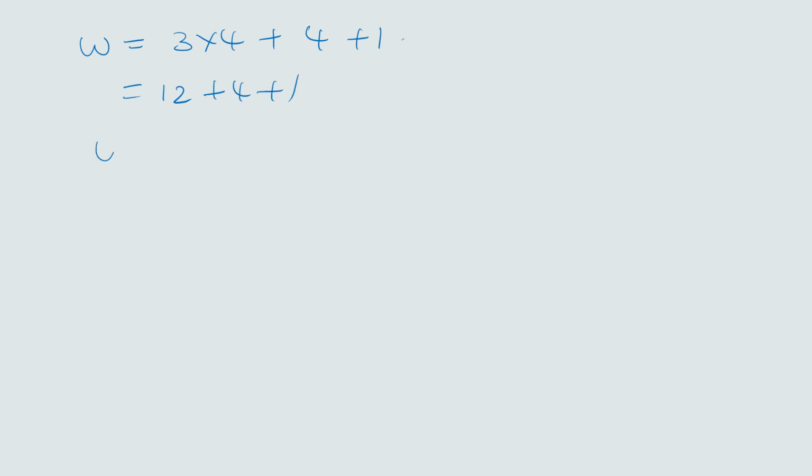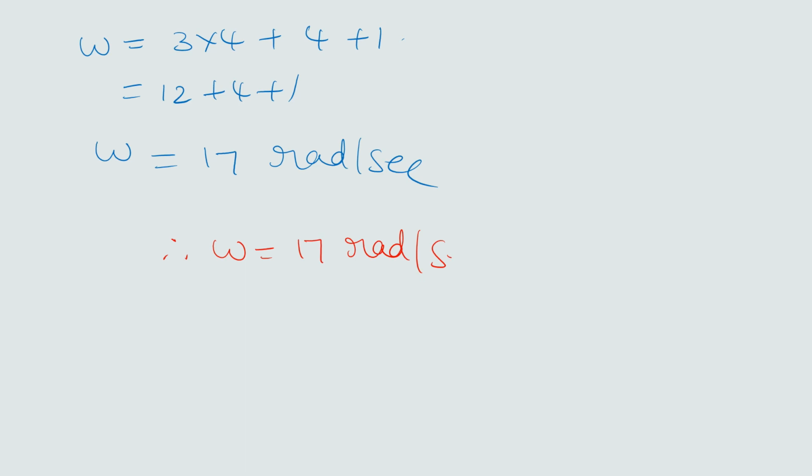So omega is equal to 17 radians per second. Therefore omega is equal to 17 radians per second.